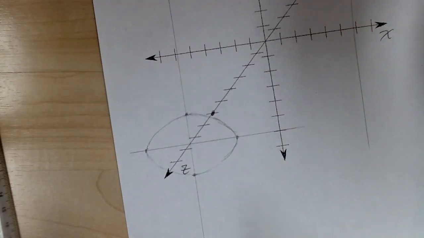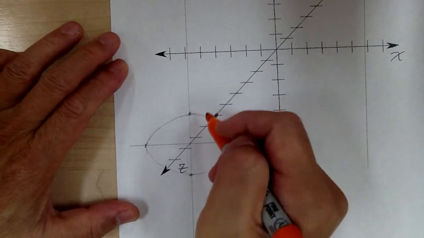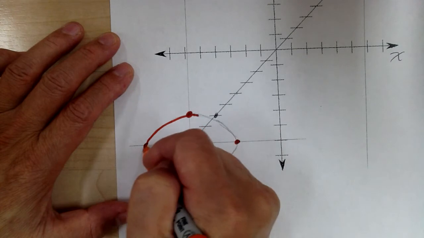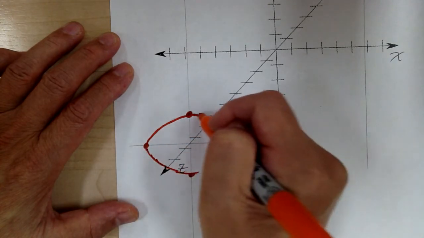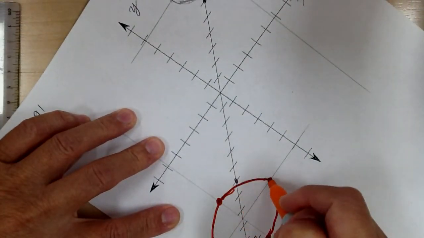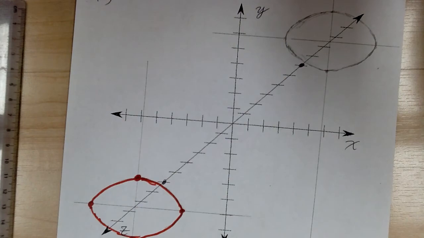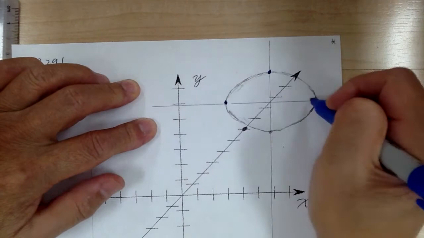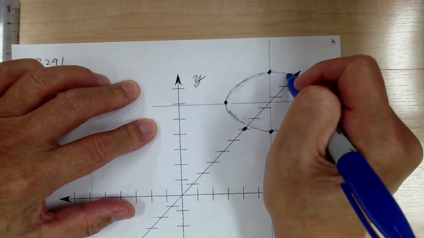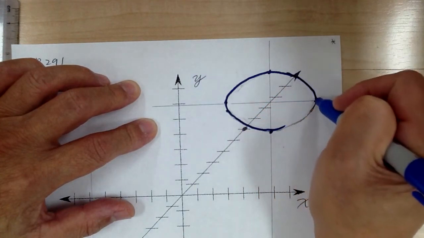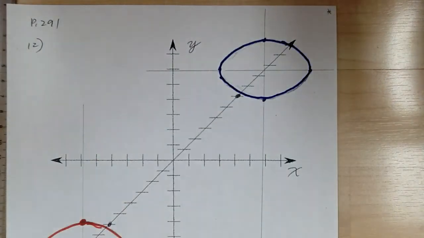For the front, I'm going to use the orange. I'm going to put those dots because those are important points. And in the back, I'm going to use the blue. Next, I'm going to use the black to connect.